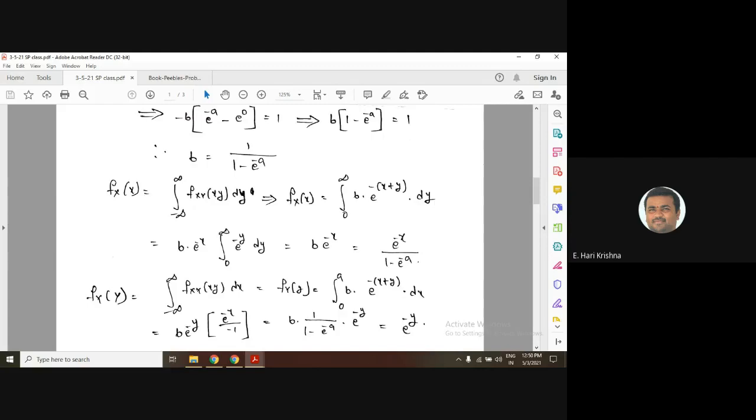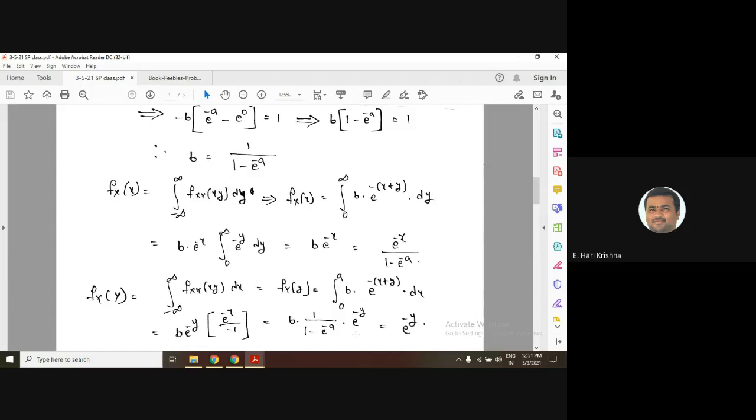It is 1 minus e power minus a, which should be the numerator, because substituting the limits a and 0 in e power minus x gives e power minus a minus e power 0. E power 0 value is 1, so e power minus a minus 1, and bringing the minus into the inner terms gives 1 minus e power minus a. This should be the numerator, and b is equal to 1 by 1 minus e power minus a.